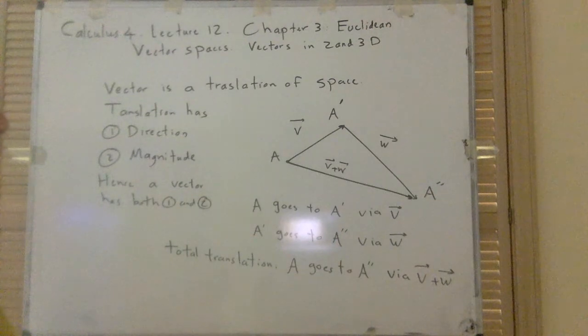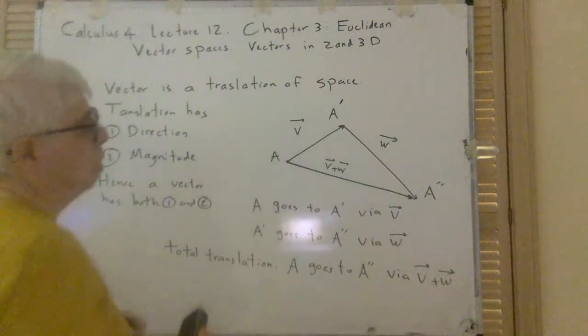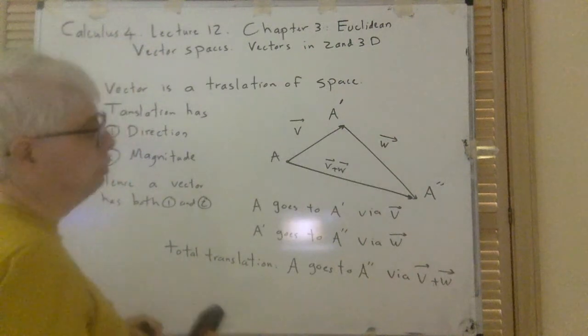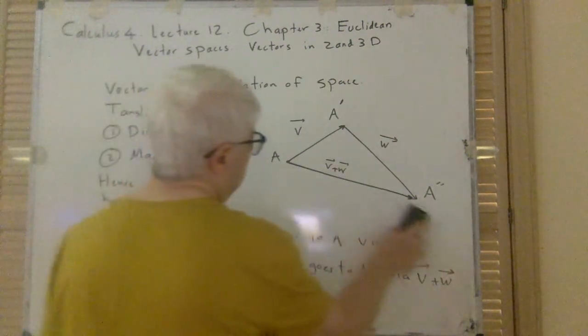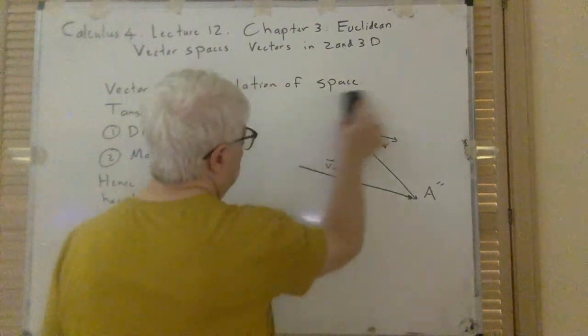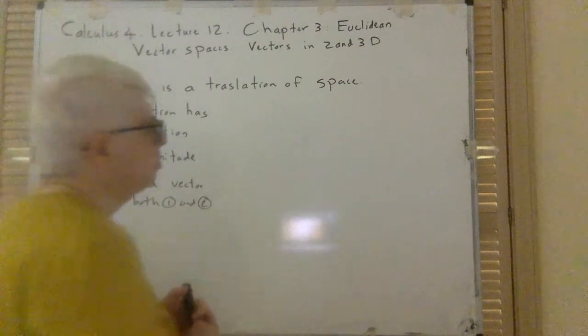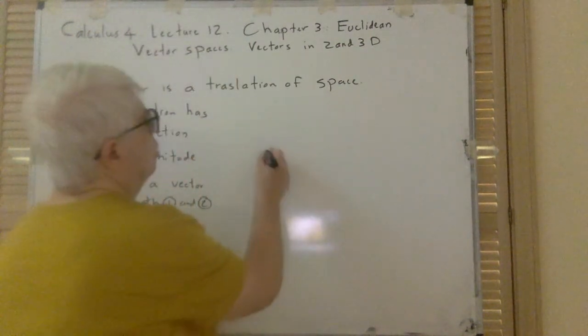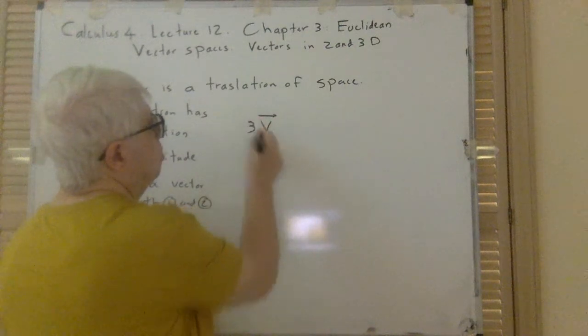There's another thing which is important, and that is how you multiply a vector by some, say, number. So this is how you add vectors, say, physically. Let's see what it means if we... So, for example, if a translation is V, then 3 times V means what?